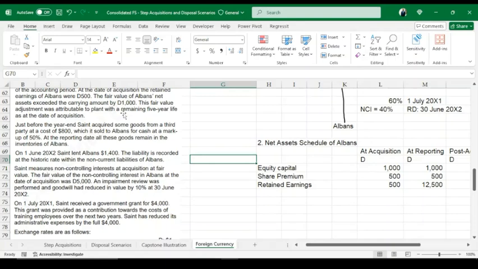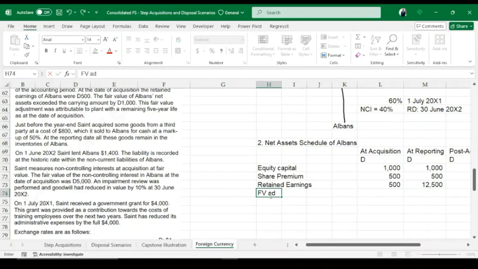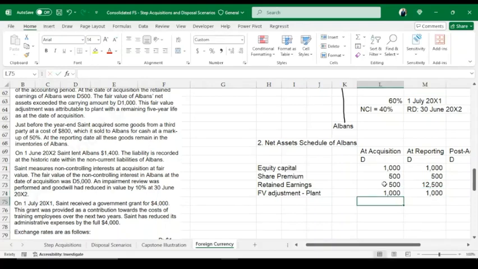So we are going to have a fair value adjustment relating to plant. And we are saying that the fair value of the net assets exceeded the carrying amount, so this should be added. So we have 1,000 here and then also 1,000 here. It should be added to the carrying amount to get the fair value, because assets should always be carried at their fair value.